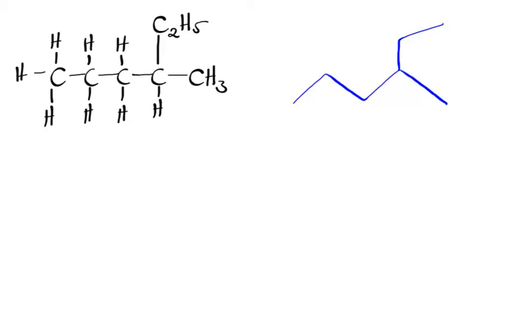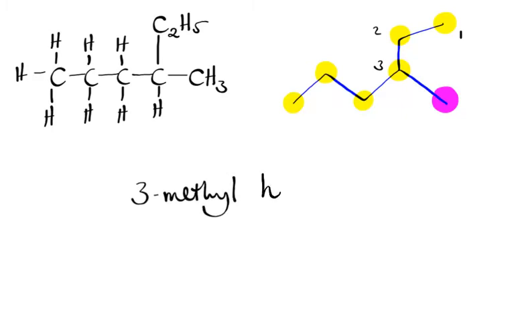Well, it's quite tempting here with the way that it's drawn to think that the longest carbon chain is 5 with an ethyl group coming off, but of course actually the longest carbon chain is not 5 but 6, and rather than there being an ethyl group we have this methyl group. The methyl group appears on the 3rd carbon, so this is 3-methyl, longest carbon chain was 6, hexane.